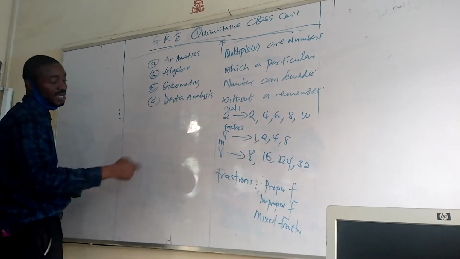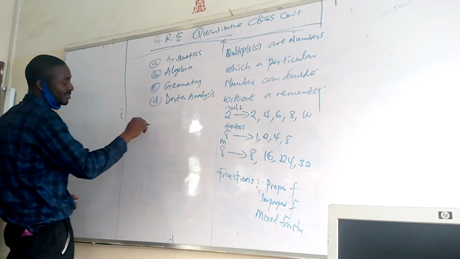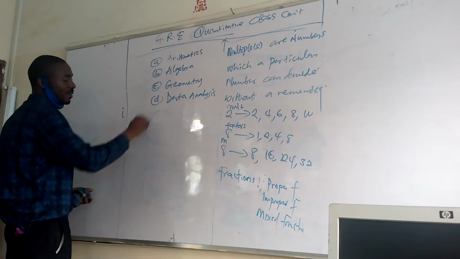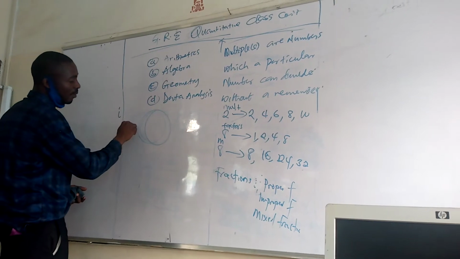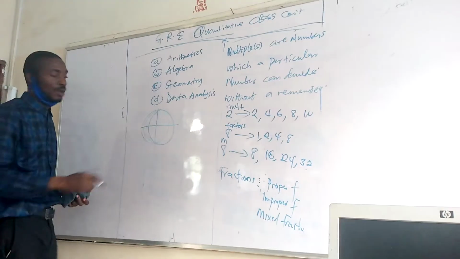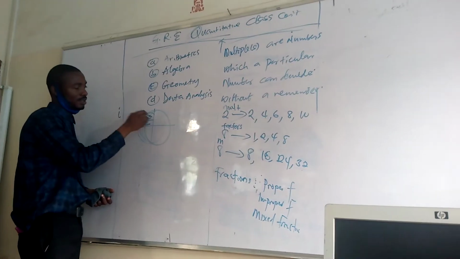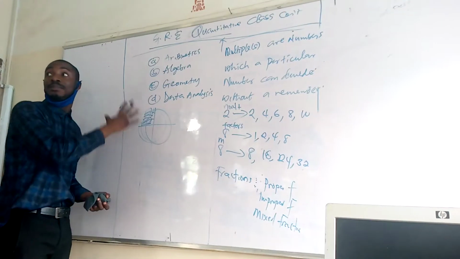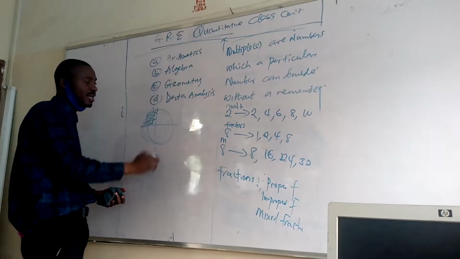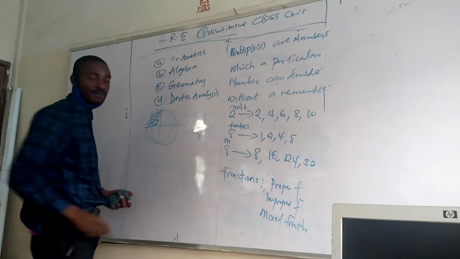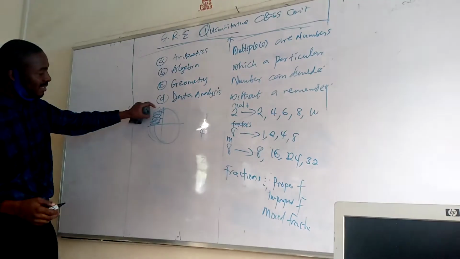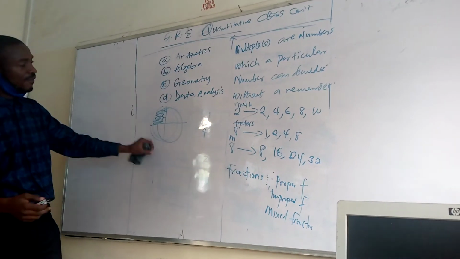A fraction, as I have said, is a part of a whole. For example, in primary school, we are normally given a box, and that box can be divided into 4. If one part is shaded, we'll be talking about the portion shaded. The fraction of the portion shaded is 1 over 4.